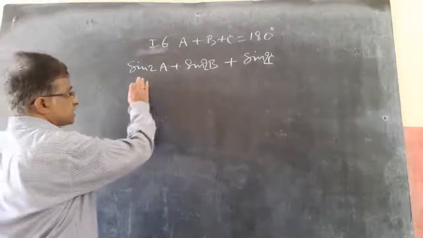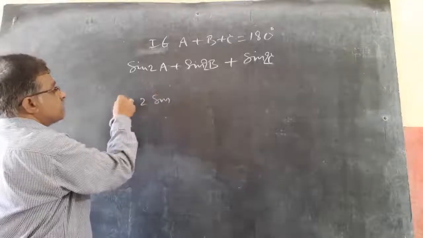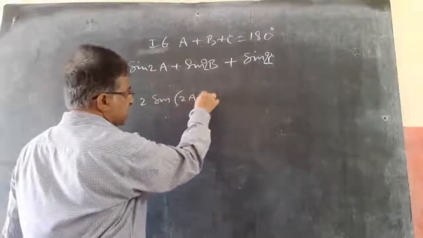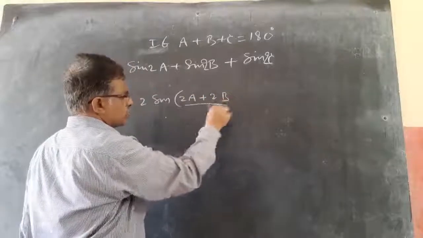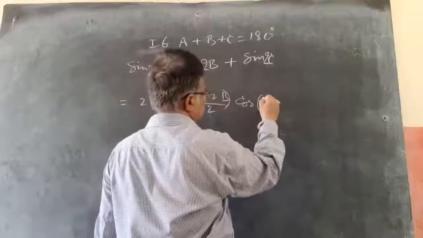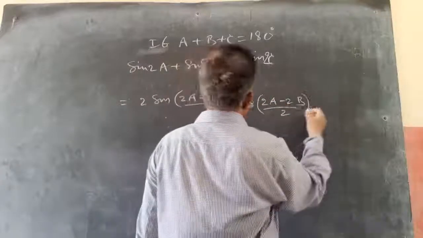What happens is, this is sin C plus sin D: 2 sin of (C+D)/2, where C here is 2A and D here is 2B, into cos of (C-D)/2, that is (2A-2B)/2, plus sin 2C.